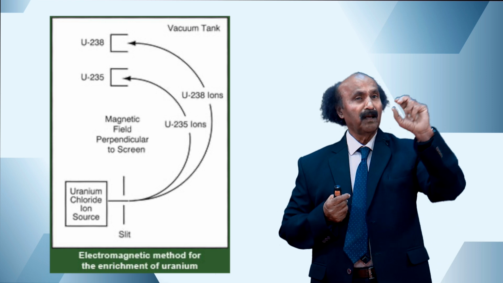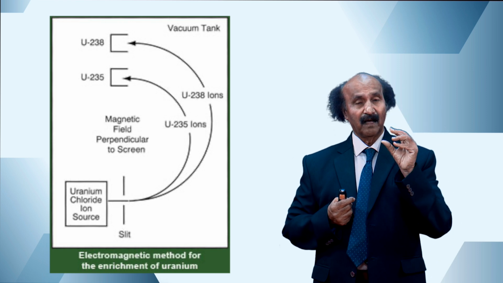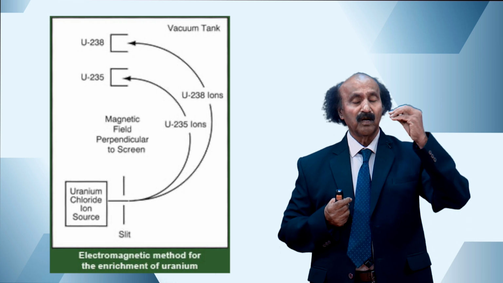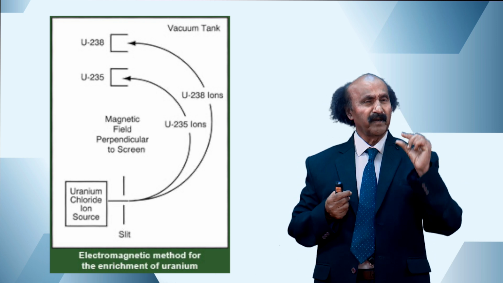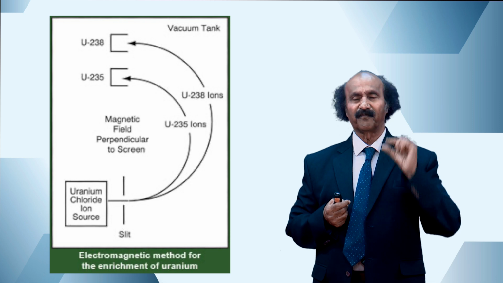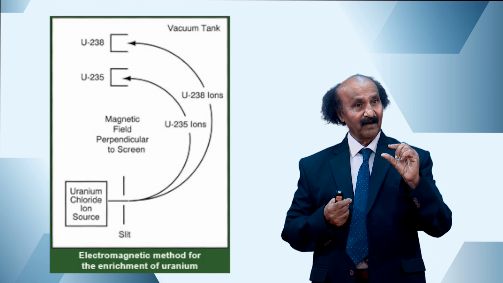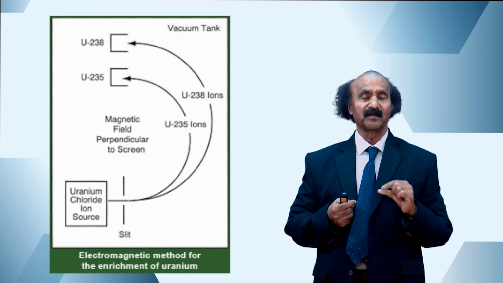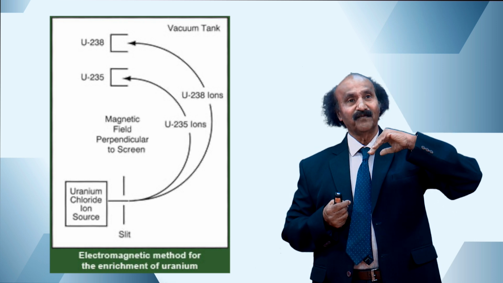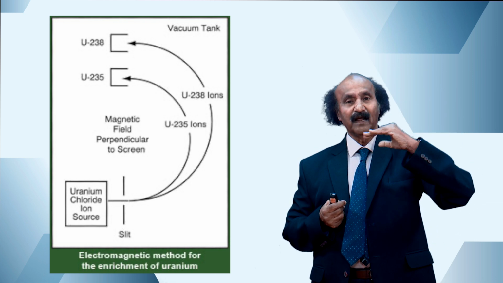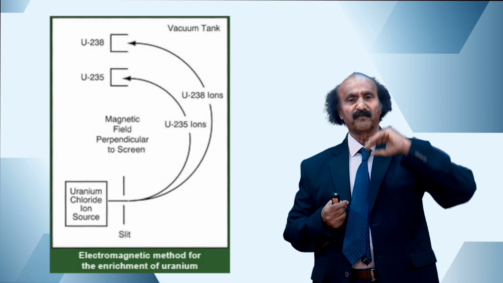Because uranium-238 has a few more neutrons in the nucleus, the atomic energy level will be slightly different. The K level will be slightly different. Then similarly, the L energy level also will be slightly different.